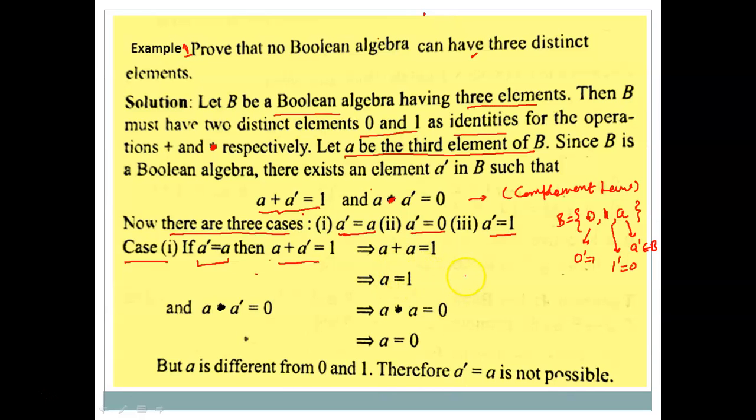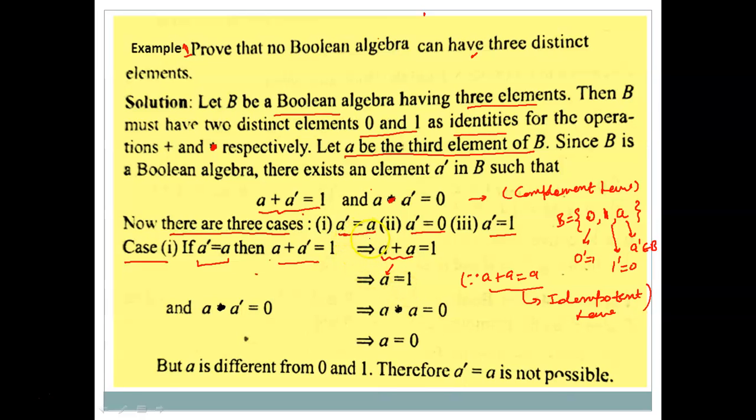But A plus A is equal to A. How is that? This is due to the idempotent law. We explained in the earlier lecture, lecture number 7, that A plus A is equal to A, and due to this idempotent law, A plus A can be written as A. So you can say A equals 1.